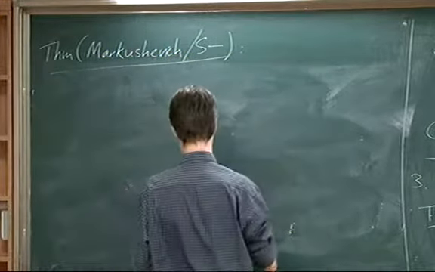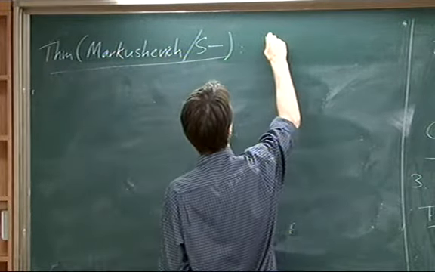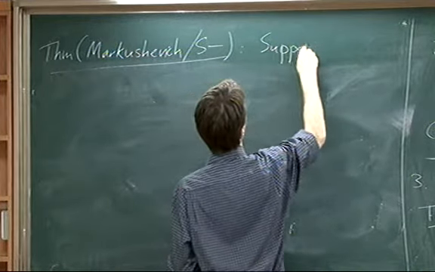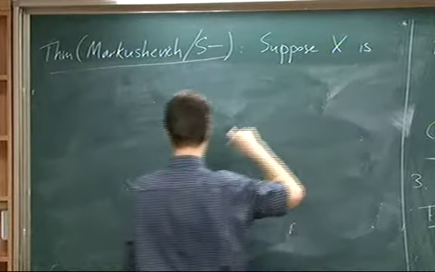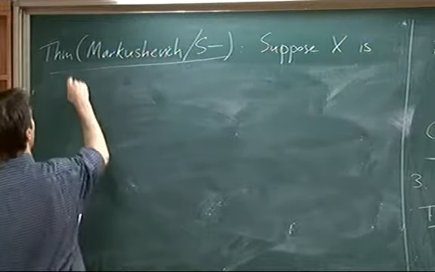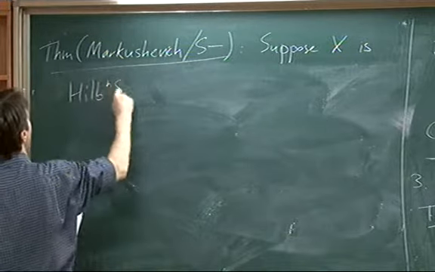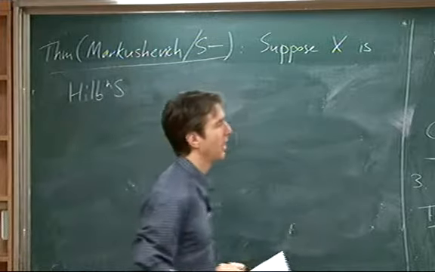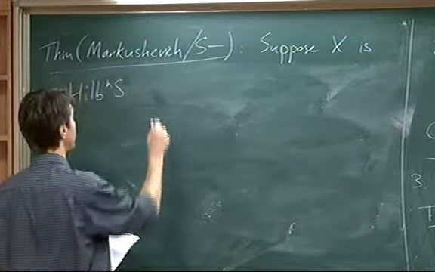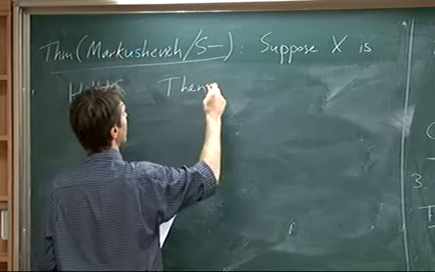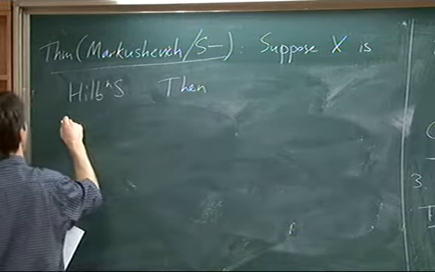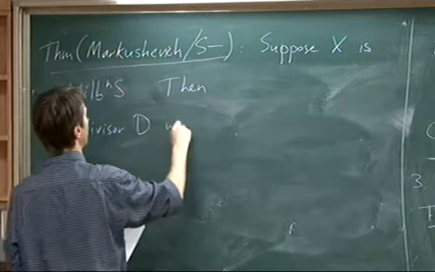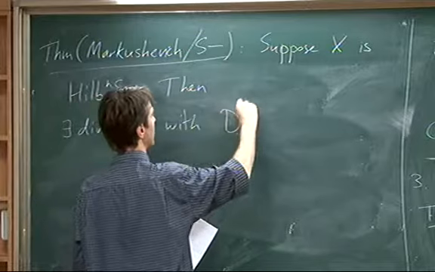So suppose X is the Hilbert scheme of n points on S. Then when do we have such a divisor? There exists a divisor D with this condition.